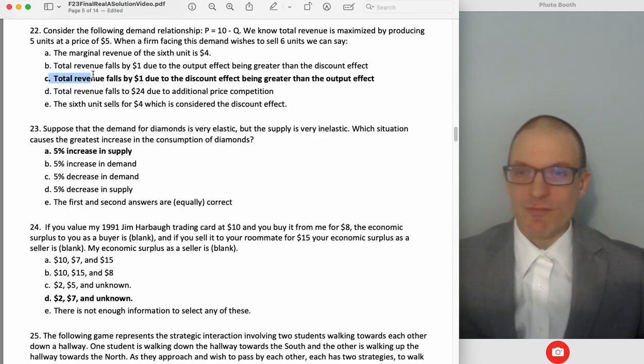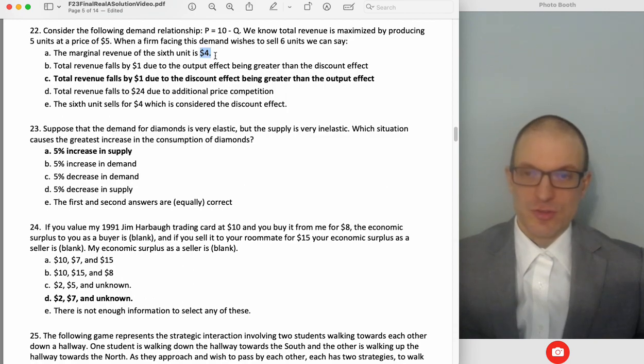It is total revenue is going to fall by 1 due to the discount effect being greater than the output effect. So total revenue at selling 6 units at a price of $4 is going to be $24, which is 1 less than $25 where you're selling 5 at a price of 5. And remember, when you're selling an additional unit, there's 2 effects. There's the output effect. That's the $4 from selling the 6th unit.